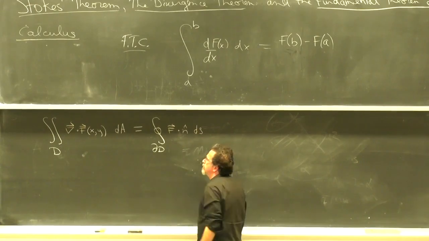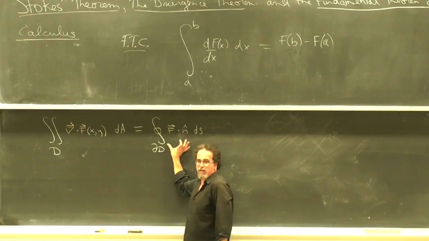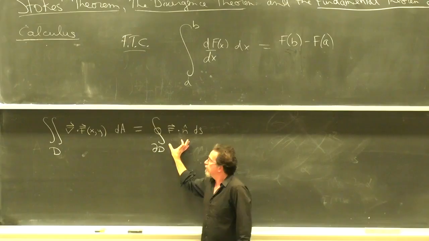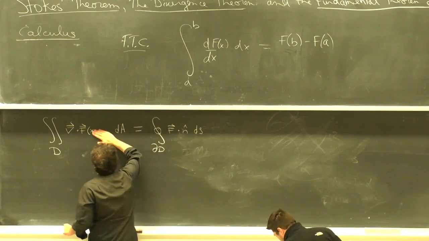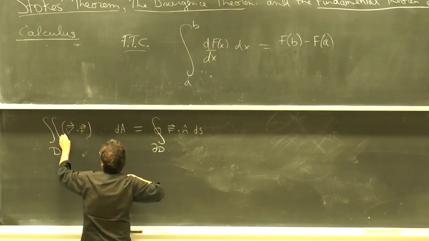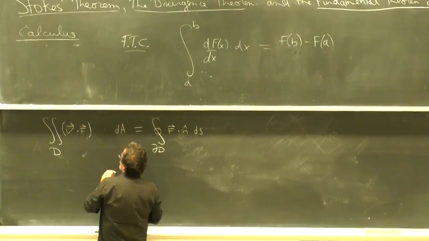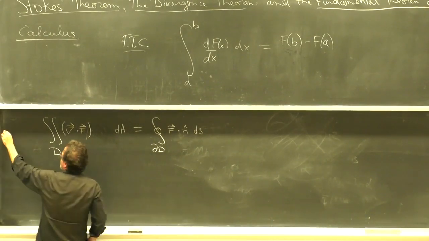It's a line integral. So this is the flux through the boundary, and this is the divergence. And you don't have to put the x and y here if you don't want to, but just to emphasize, it's a function of 2 variables. So this is Green's theorem, flux form.